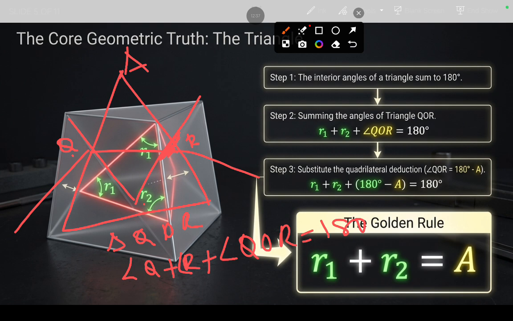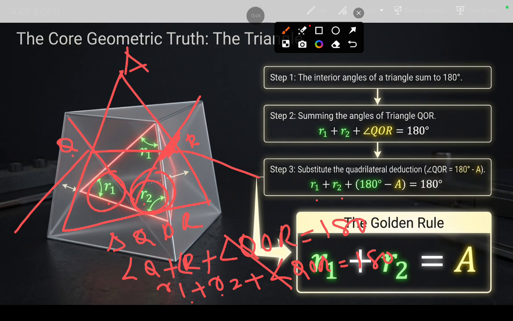As we know, the angle made at Q is R1. Angle made at R is R2. So R1 plus R2 plus QOR equal to 180. After reshuffling, angle QOR equals 180 minus (R1 plus R2).